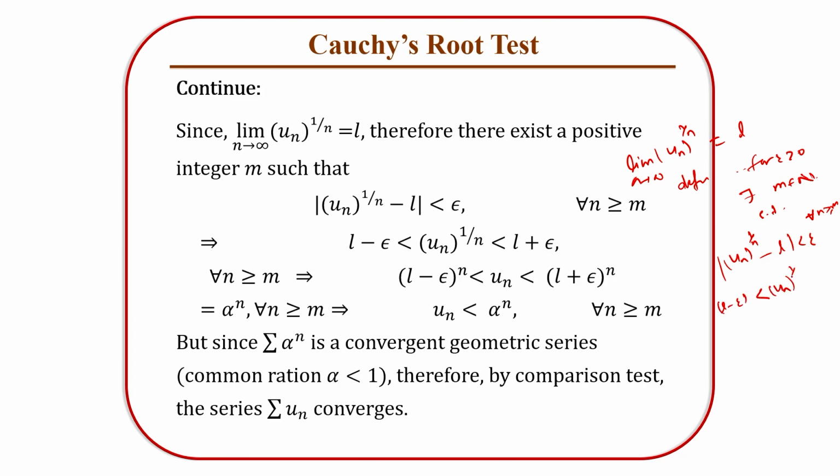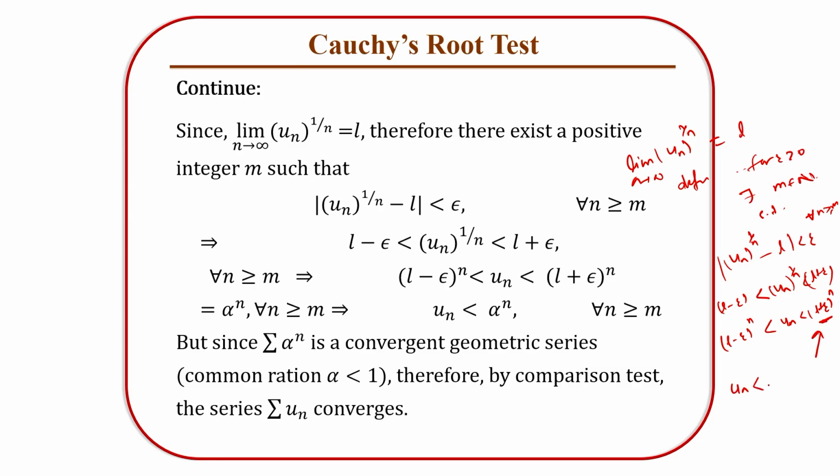So, that means L minus epsilon is less than un^(1/n), which is less than L plus epsilon. Now take the nth power of all of these, which gives (L − epsilon)^n is less than un, which is less than (L + epsilon)^n.